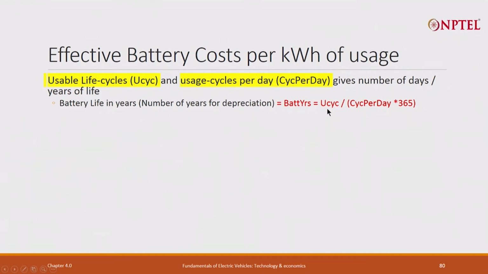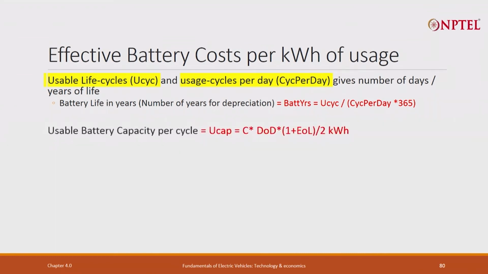Remember that these 1500 cycles you can use in a normal condition; if you are not using it normally, you will get fewer cycles, but we will compute using the usable cycles as given there. Then you divide by cycles per day multiplied by 365, because that will give you years. You can calculate it in terms of days, in which case you do not divide by 365.